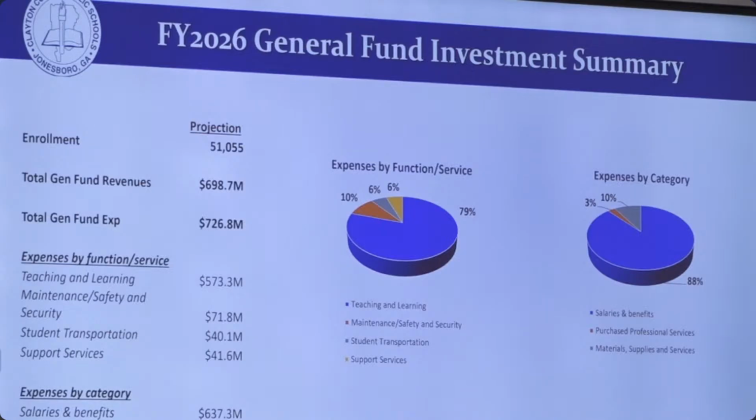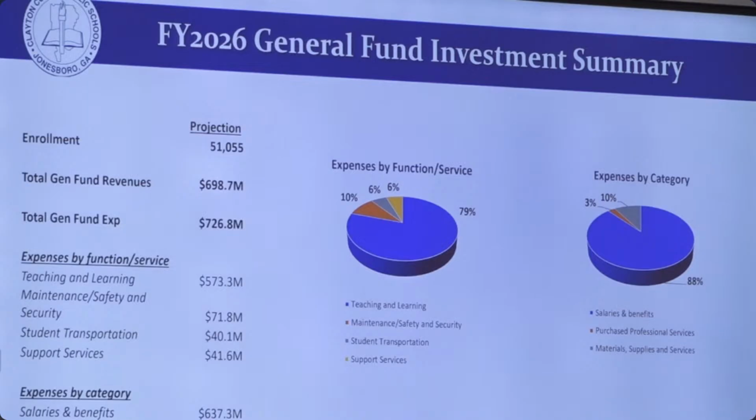79% of that is going to teaching and learning, directly impacting the student learning environment. We have the 10%, I believe, is going to maintenance, safety, and security. And then we have 6% for student transportation and support services when we look at it from functional services provided. And if you look at it by category, as with most entities, salaries and benefits is the largest portion of any budget in any organization.